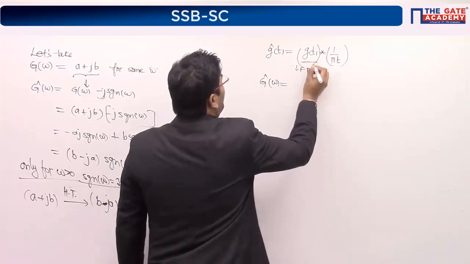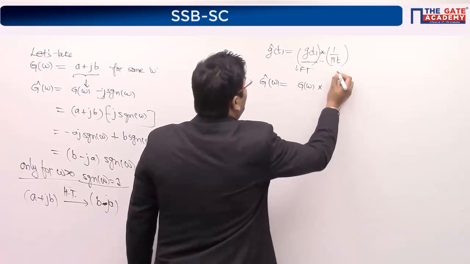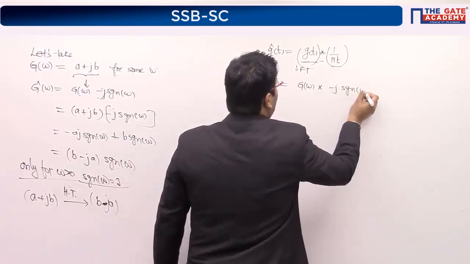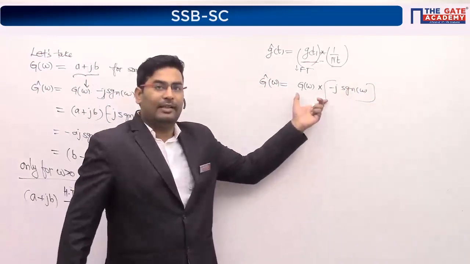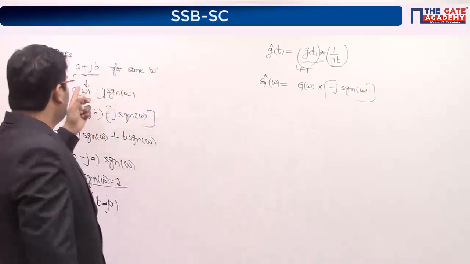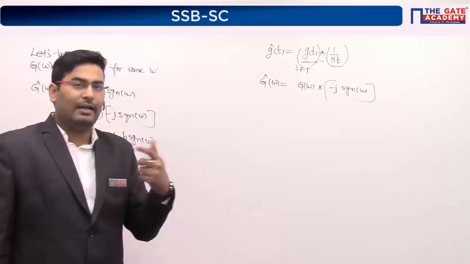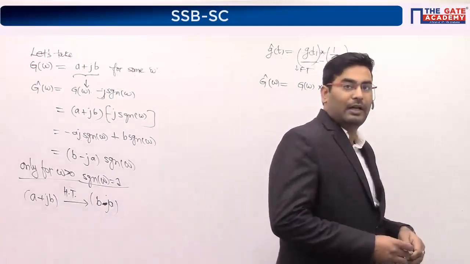The Fourier transform of g t is g of omega. Convolution becomes multiplication. And the Fourier transform of 1 upon pi t, which I told you separately. So I don't think there is any confusion. I have done nothing, I have just taken g of omega as a plus jb and done the maths. So when you go back and write it on a piece of paper, you will not get confused. I hope it answers your question.